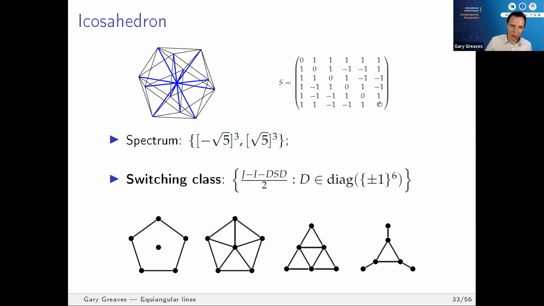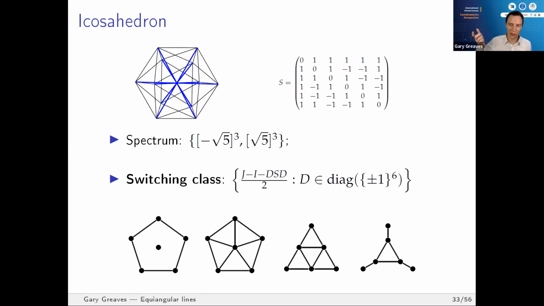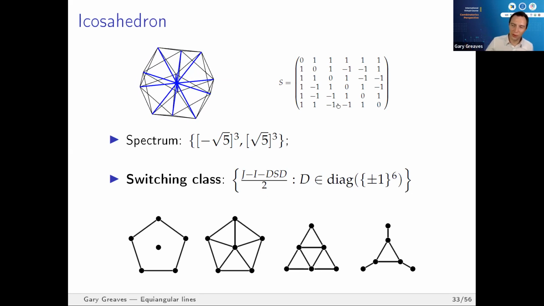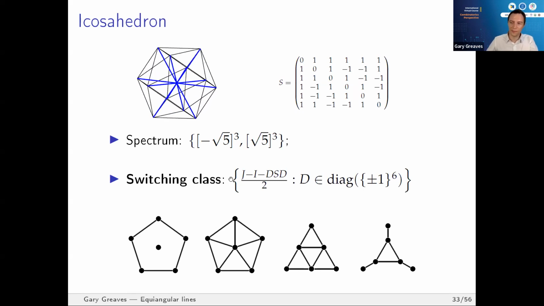What it means is we can conjugate our Seidel matrix with these diagonal plus or minus 1 matrices, and they'll give us the same lines, because all we're doing is swapping the direction of our spanning vector. So we're free to do this. And every time we do that, we get a slightly different matrix. The eigenvalues will be the same, but the plus or minus 1 configuration will be slightly different. So this is where we talk about the switching class.